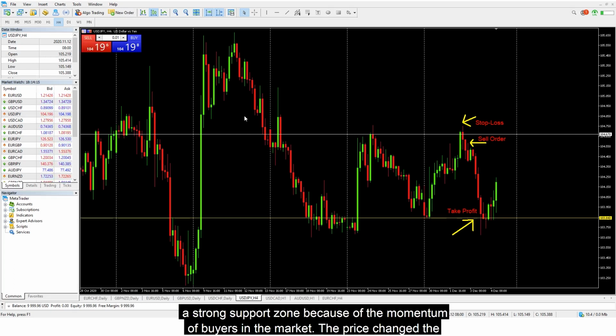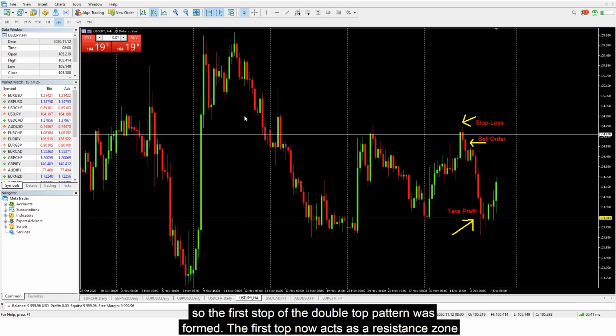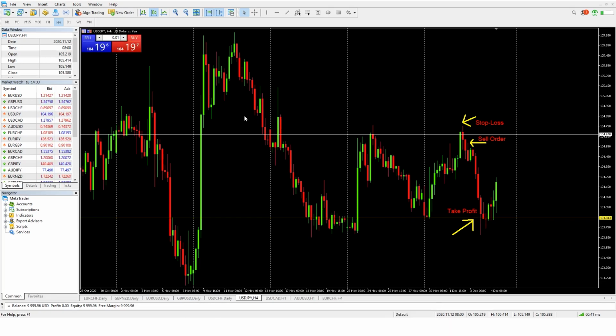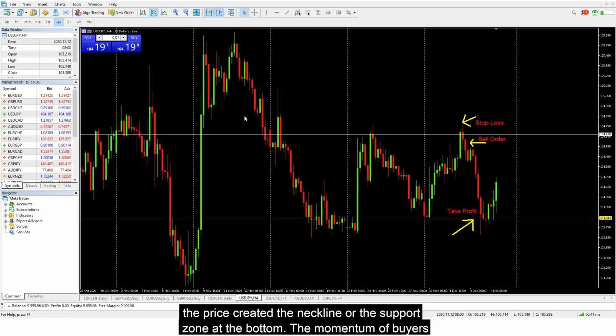The price changed the direction by going up and then reaching the price around 104.800. The price couldn't go further up, so the first stop of the double top pattern was formed. The first top now acts as a resistance zone. The price created the neckline, or the support zone, at the bottom.